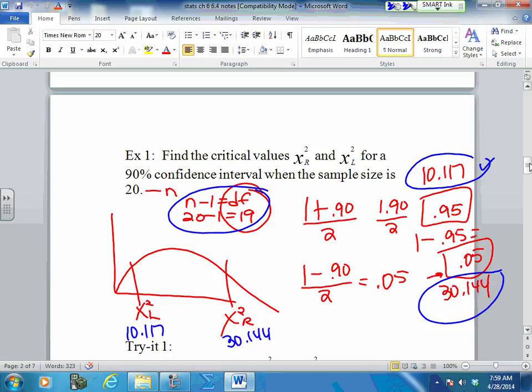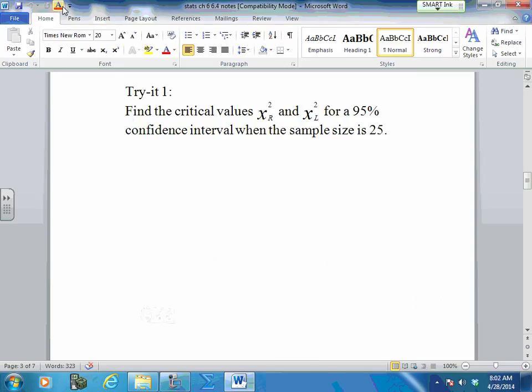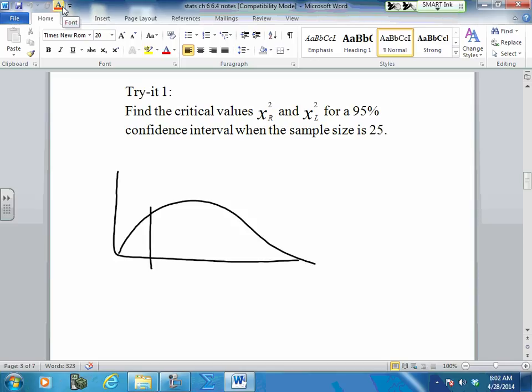Okay, so you guys do try it yourself, number 1, at the bottom of 313. Alright, so we need to come up with a sketch. It doesn't matter which way you draw this. We've got a left, and we've got a right. So how'd you start this? Samantha, how did you start? 1 plus 0.95 divided by 2.